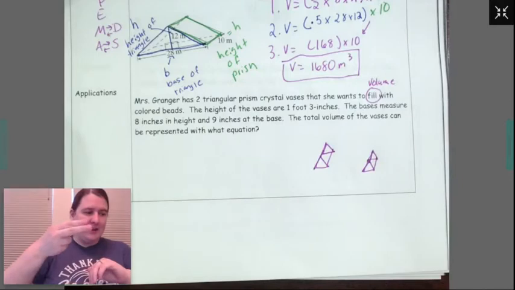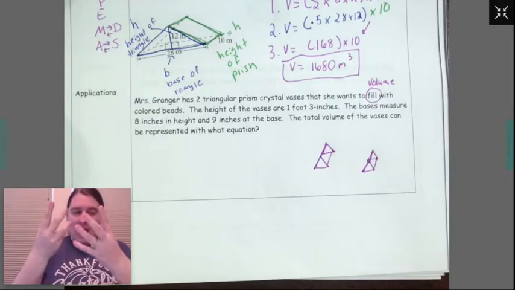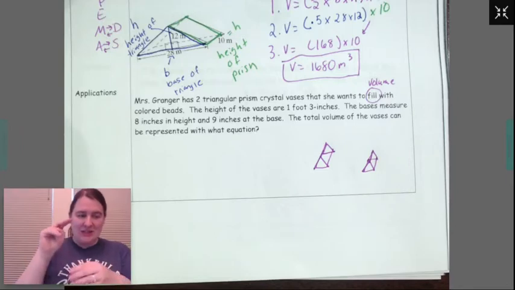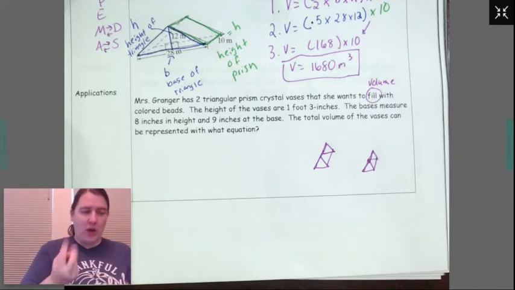Okay, the height of the vase is 1 foot 3 inches. How many inches equals 1 foot? 12.